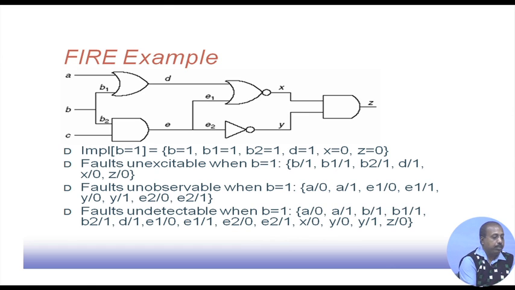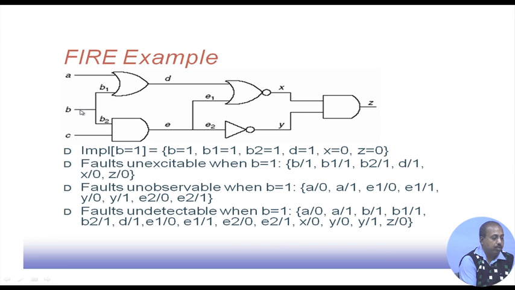Like say this one, if we have the implication of B equal to 1. So, it will set B equal to 1, B1 equal to 1, B2 equal to 1, D equal to 1, then X equal to 0 and Z equal to 0. So, this is the implication of B equal to 1. Now, faults which are unexcitable when B equal to 1.